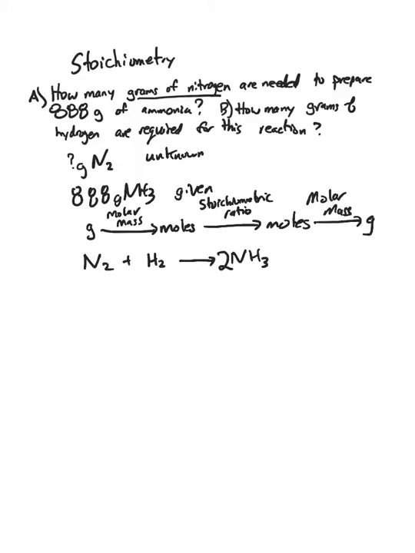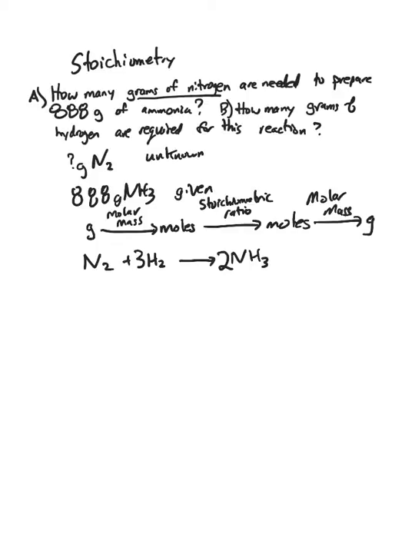So now the nitrogen's balanced. The hydrogens, if you look at the products, I've got 2 times 3 hydrogens, that's 6 hydrogens. So on the reactant side, in front of the H2, I need a 3. So this is my balanced chemical equation. It says that 1 mole of nitrogen reacts with 3 moles of hydrogen to make 2 moles of ammonia. 1 part nitrogen plus 3 parts hydrogen makes 2 parts of ammonia.